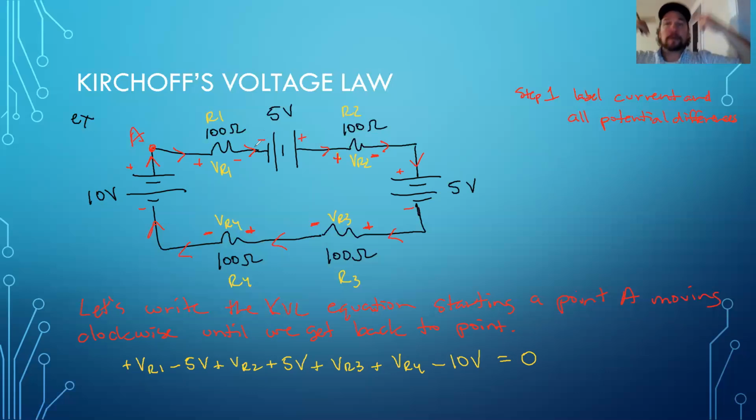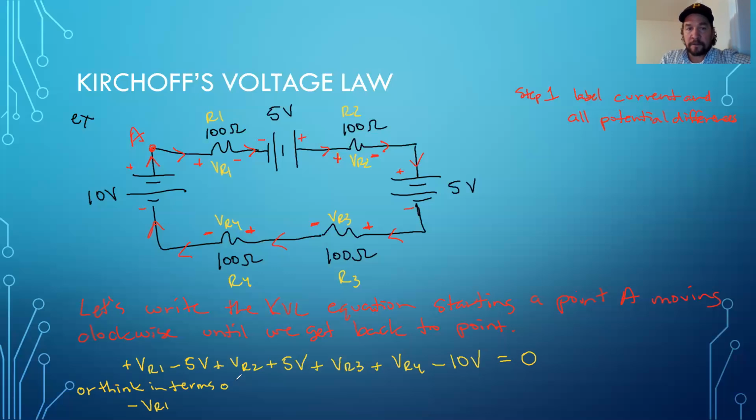You can also do it logically, all right, if you prefer. I'm coming here and I lose VR1, so I could put minus VR1. And I'm going to write or think in terms of drops and gains.